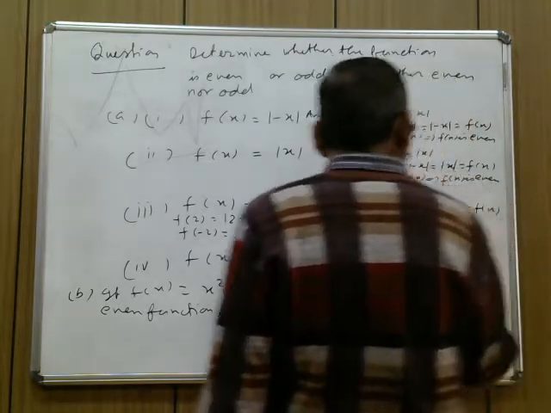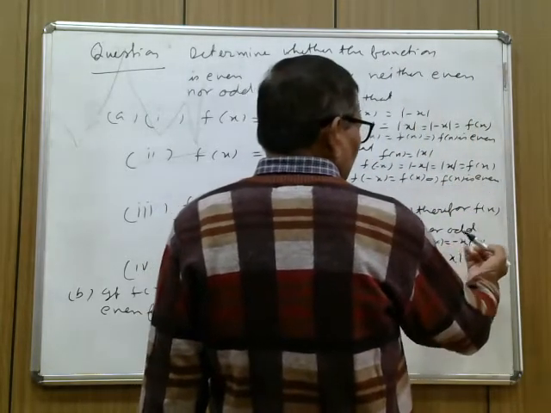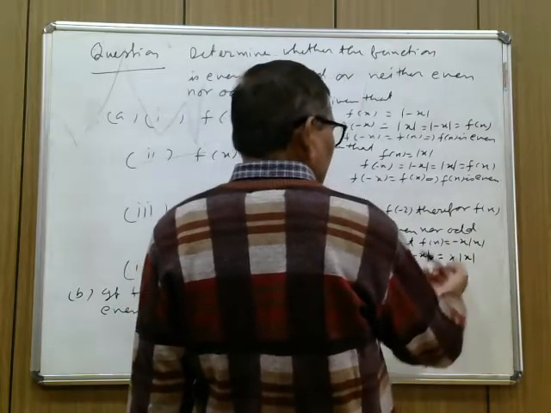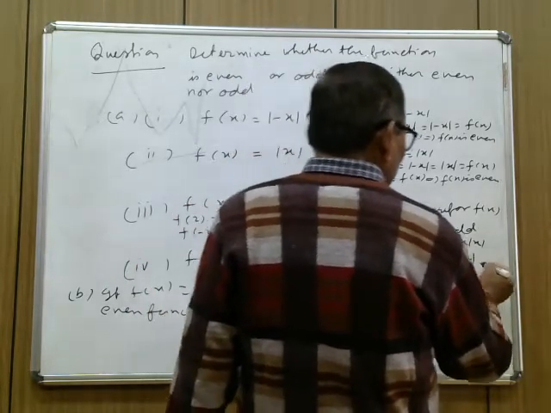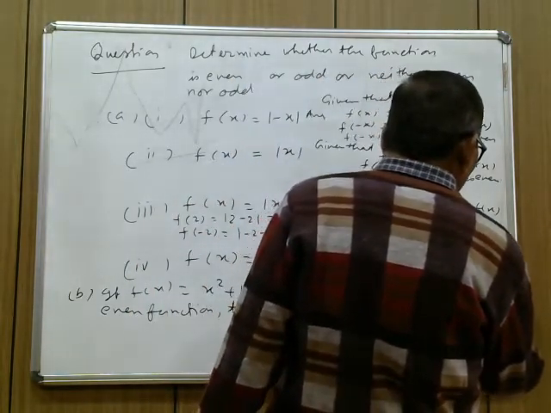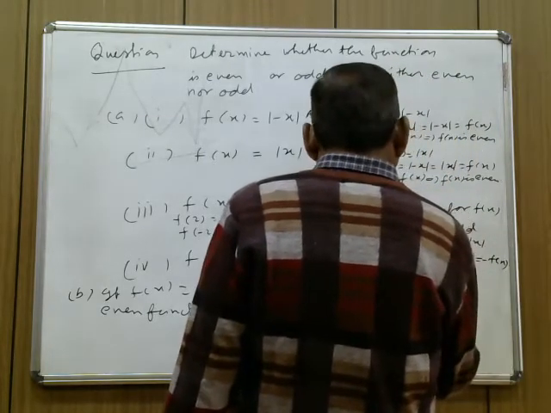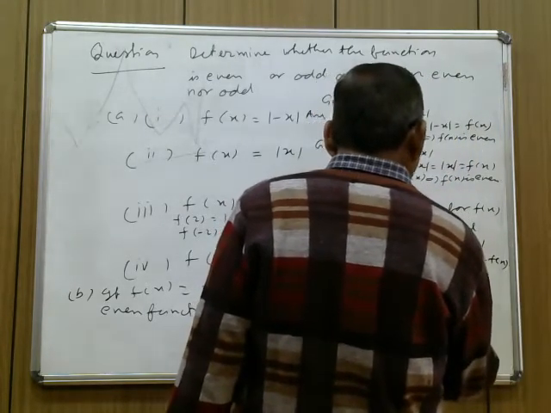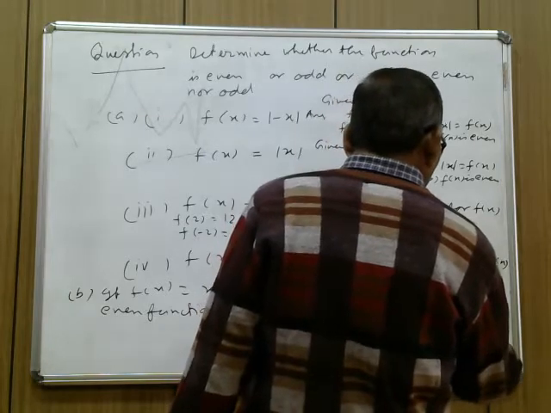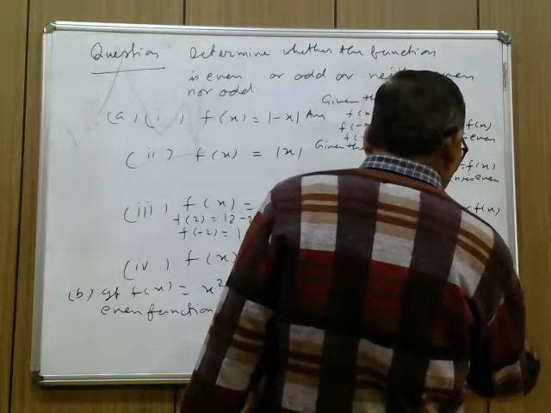It has changed the sign. f(x) is minus x mod x, f of minus x, the sign is changed, that is equal to minus f(x). Now you have obtained f of minus x equals minus f(x). It implies that f(x) is odd.